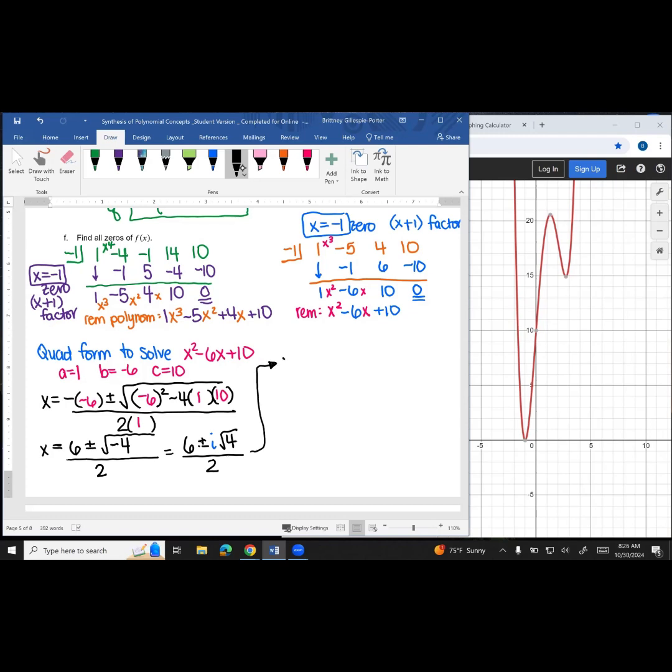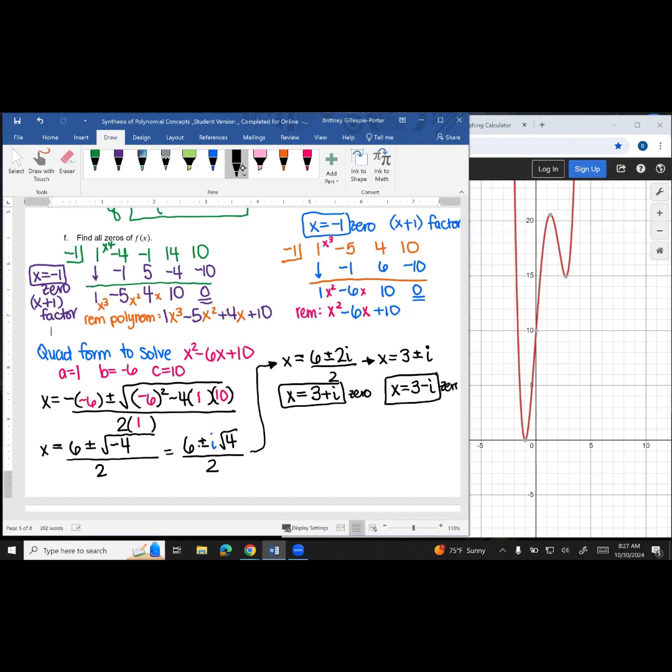Square root of 4 is 2. So 6 plus or minus 2i all over 2. You can't combine the 6 and the 2i because they are not like terms, but we can simplify these. 6 divided by 2 gets us a positive 3, plus or minus 2i divided by 2 gets us i. And we just found that x equal to 3 plus i is a 0, as is x equal to 3 minus i.